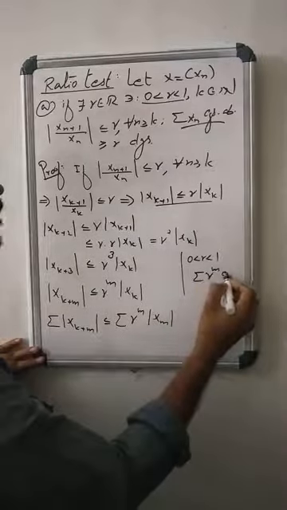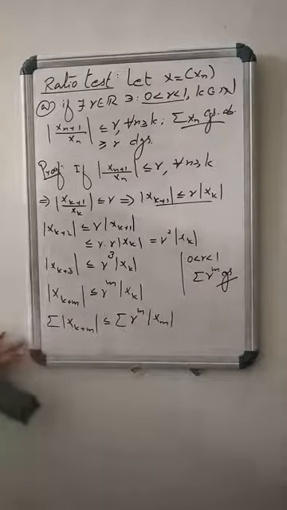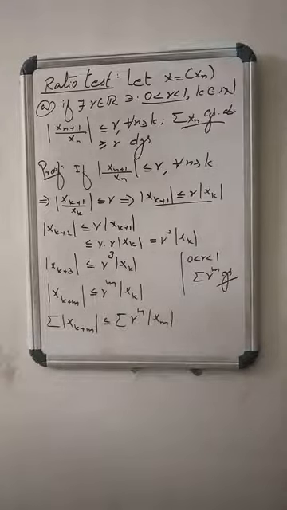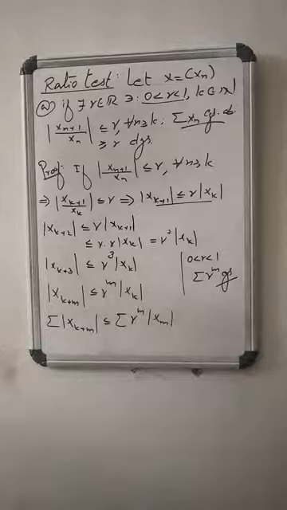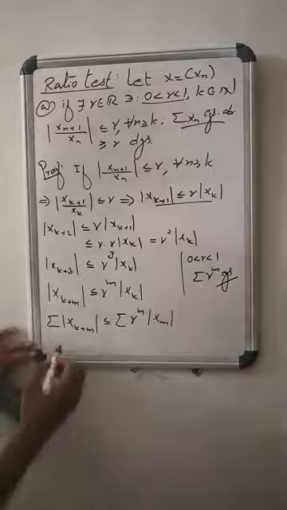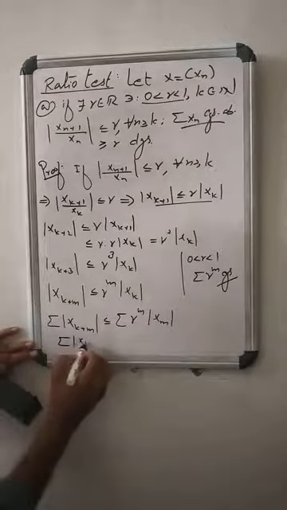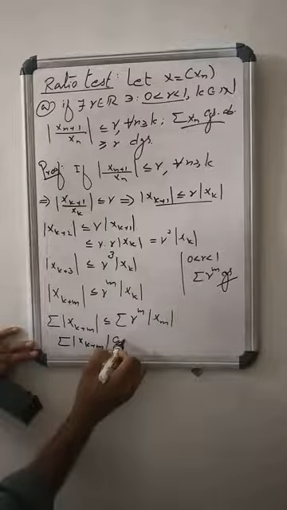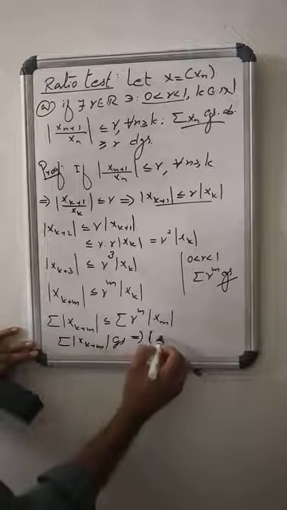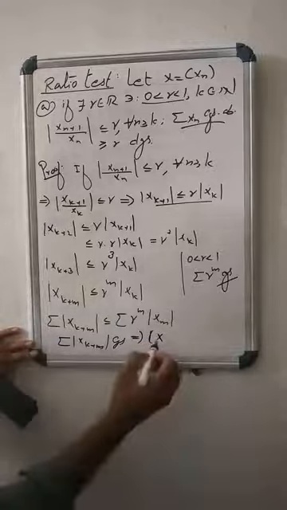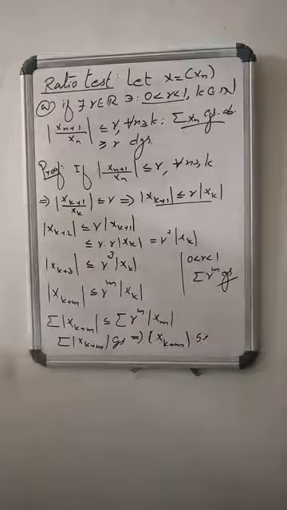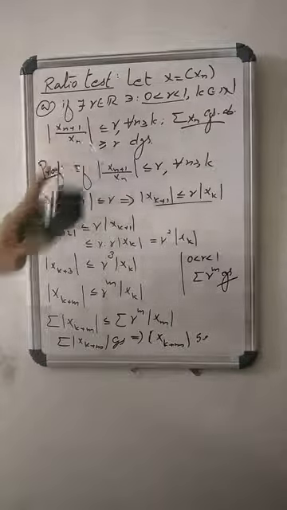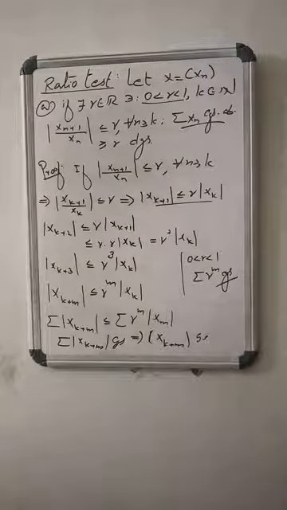Sigma r power m is a geometric progression with r less than 1, so it converges. Sigma r power m into modulus of xk also converges. So, by the comparison test, sigma modulus of xk+m converges, which means sigma xk+m converges absolutely. So the series sigma xn converges absolutely.